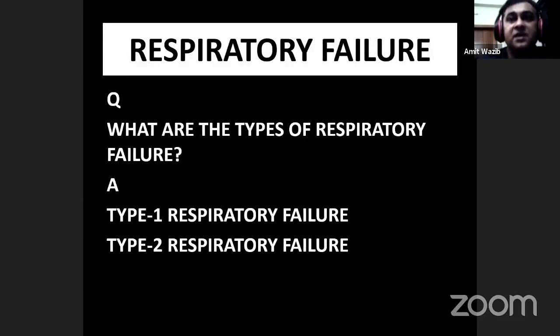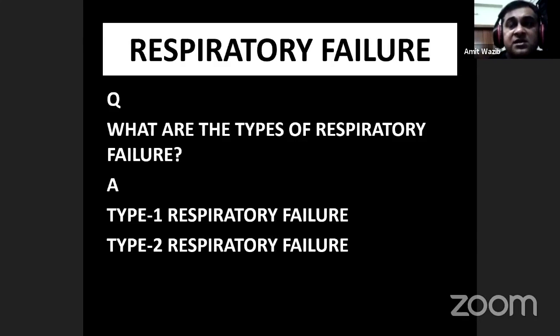So we have used the terms respiratory failure, type 1 respiratory failure, type 2 respiratory failure while we were discussing COPD and asthma. So what actually is meant by these two terms? The main function of respiration is exchange of gases. That is, it brings oxygen from the environment into the body and it removes carbon dioxide from the body into the environment.